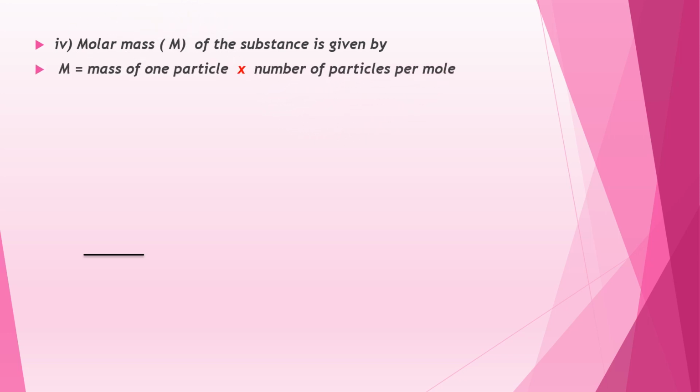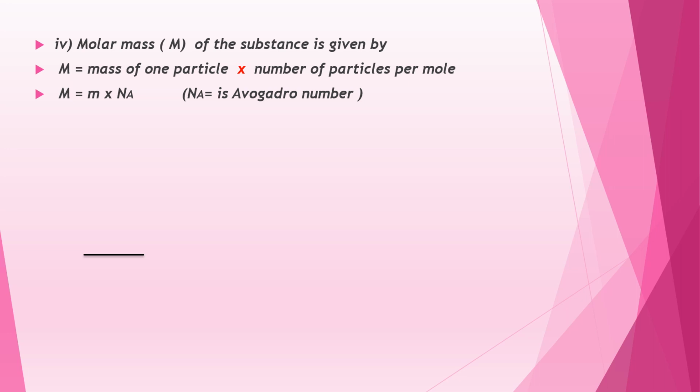Continuing to point number 4, molar mass: suppose the molar mass is capital M of the given substance. Then capital M is equal to the mass of one particle into the number of particles per mole, that is capital M is equal to small m into Na.